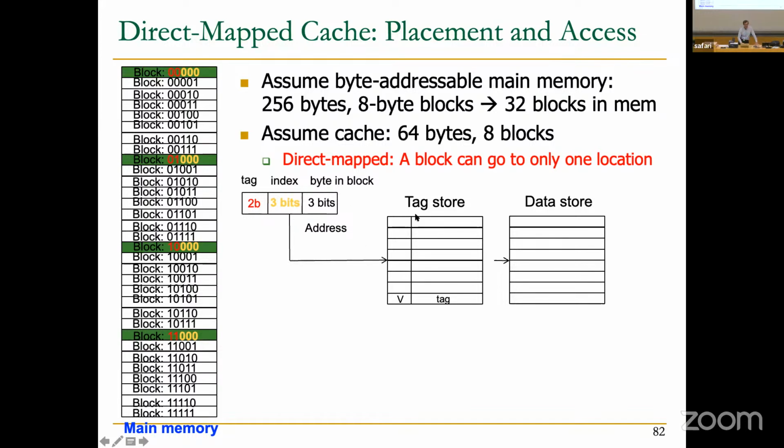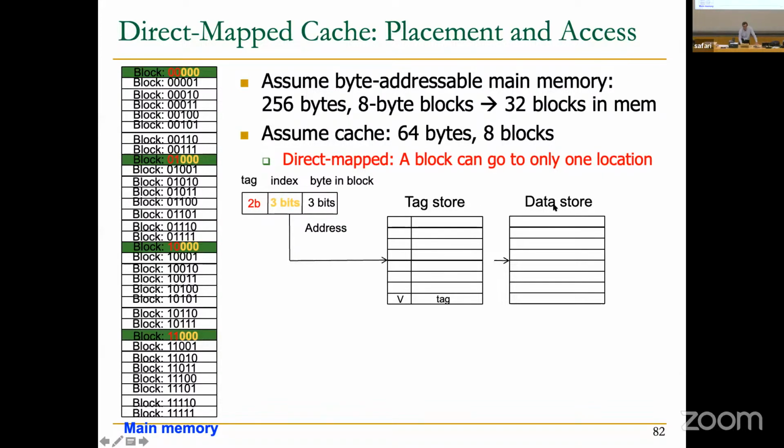If this is 0, 0, 0, then the address decoder activates this word line, right? And also this concurrently. We're doing that concurrently right now. And then we get, let's assume that this is 0, 0, 0. We basically get the tag store entry, valid and tag bits at address 0, 0, 0 in this tag store.